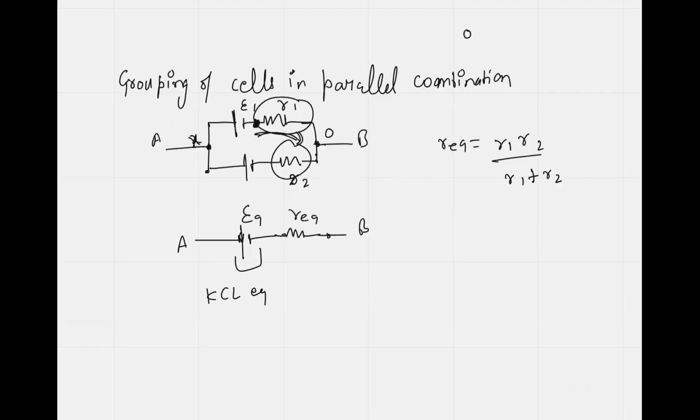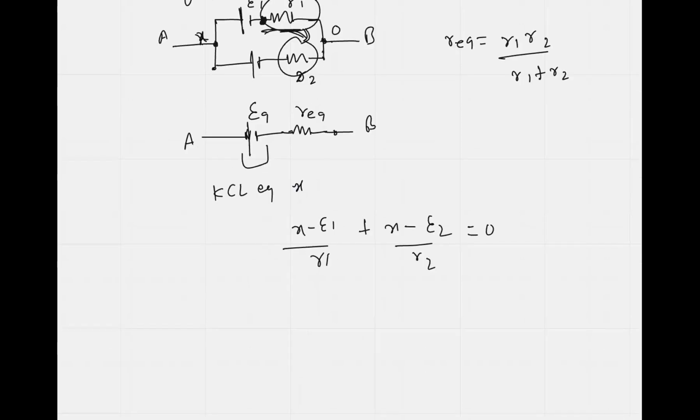So this will come out as (x minus E1) divided by R1 plus (x minus E2) divided by R2 equals 0. If you just resolve it, you are going to get x times (1 by R1 plus 1 by R2).